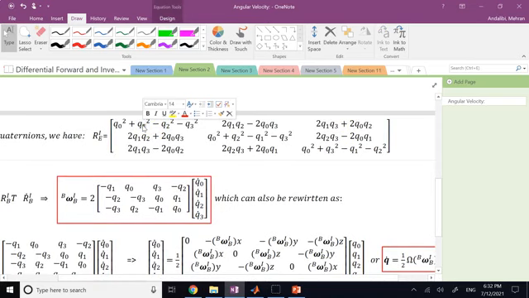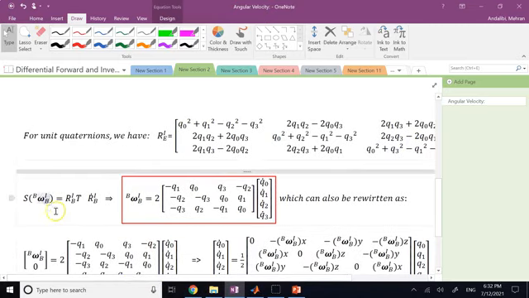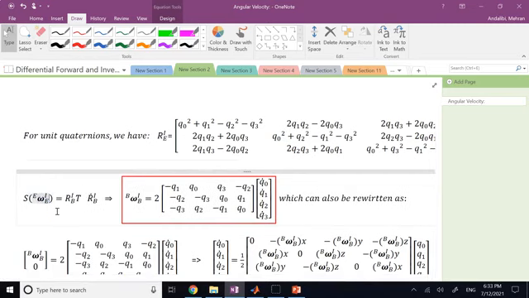Just watch my video on quaternions and you'll see the rotation matrix over there. So if I use this rotation matrix and I plug it into the formula for omega of the end effector with respect to the base as written in end effector.